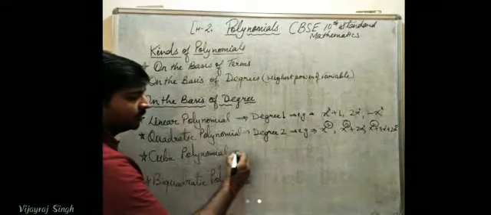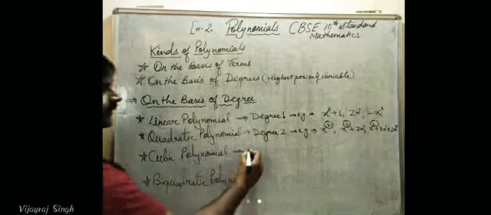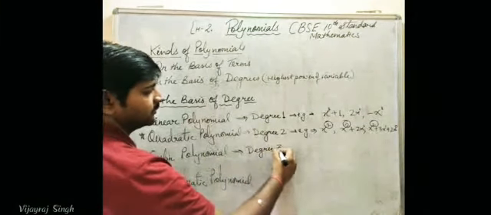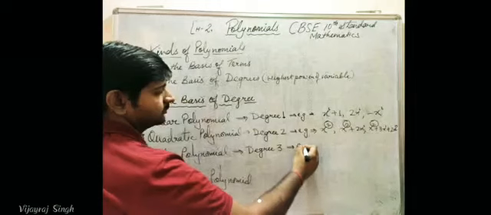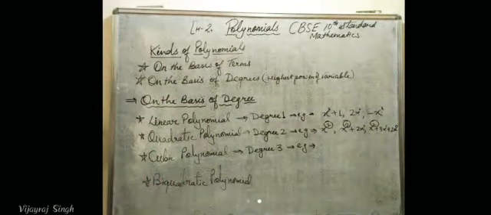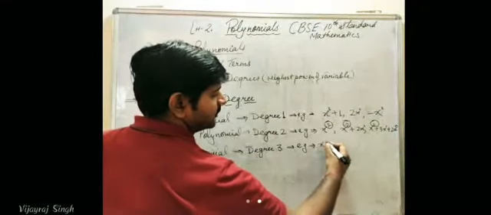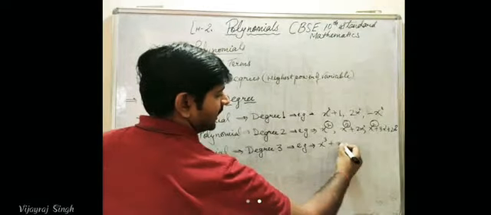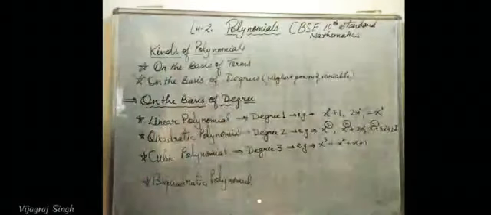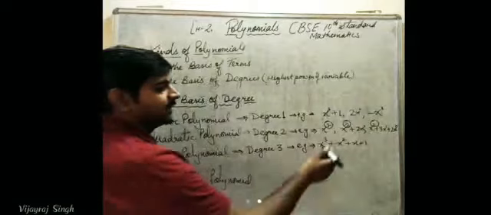Next is cubic polynomial. If I talk about cubic, its degree is 3. For degree 3, we will write x cube, x square plus x plus 1. This is the polynomial and the highest power of the variable x is 3.